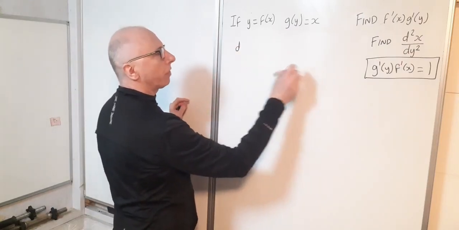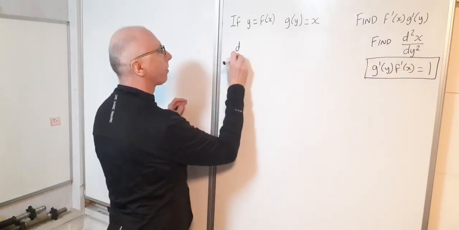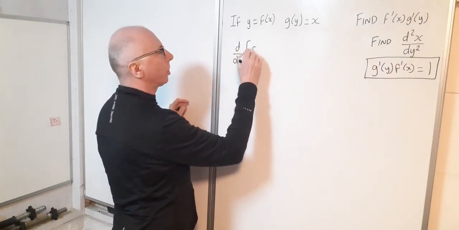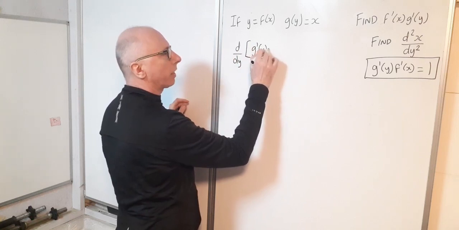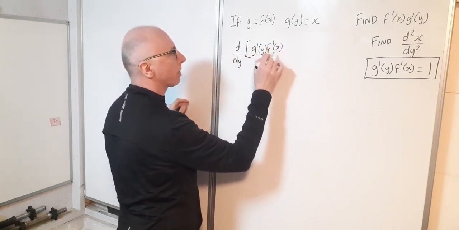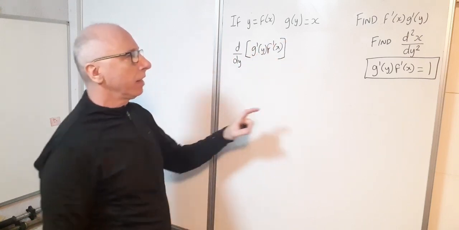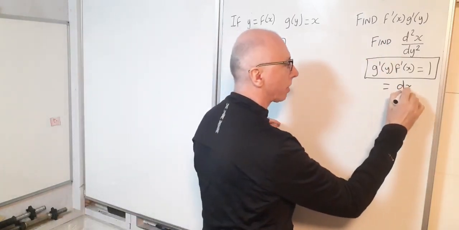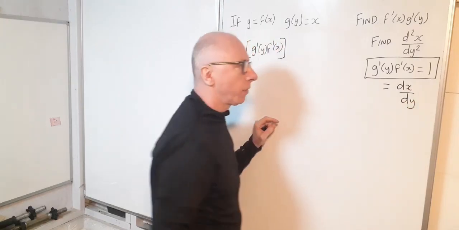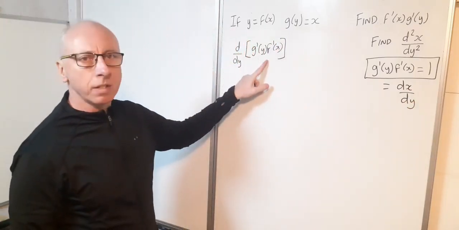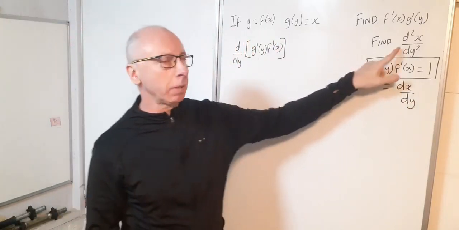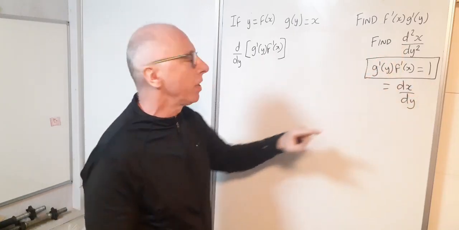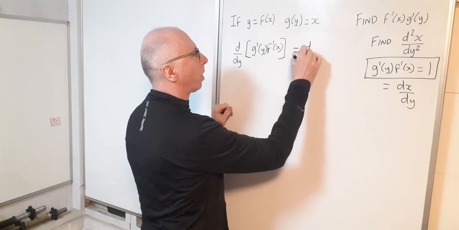So here, derivative, I'm going to need it with respect to y of g prime of y, f prime of x. Now that is my dx dy. So this also equals dx dy. So if I take the derivative of this with respect to y, that will be my second derivative. And I'm going to set it equal to the derivative of this with respect to y.